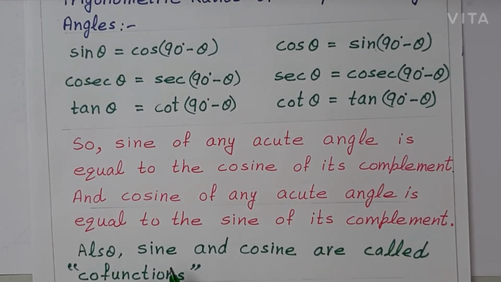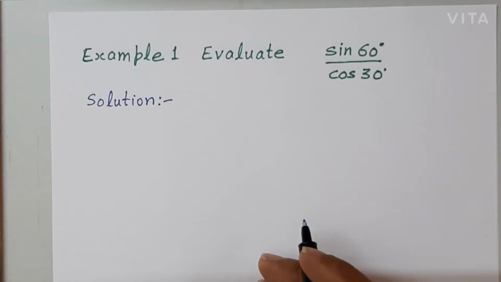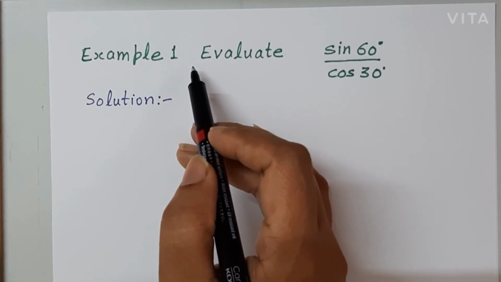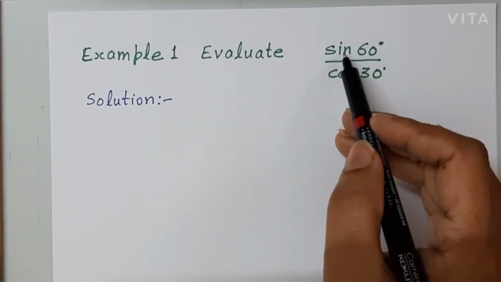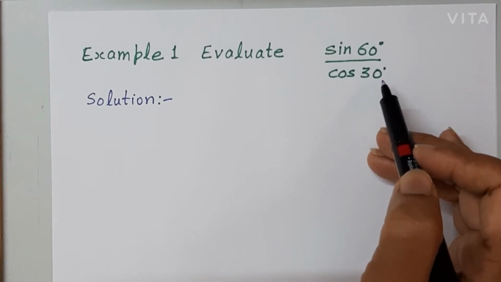Also, sine and cosine are called co-functions. Now students, let us discuss an example. Evaluate sine 60 degree upon cos 30 degree.